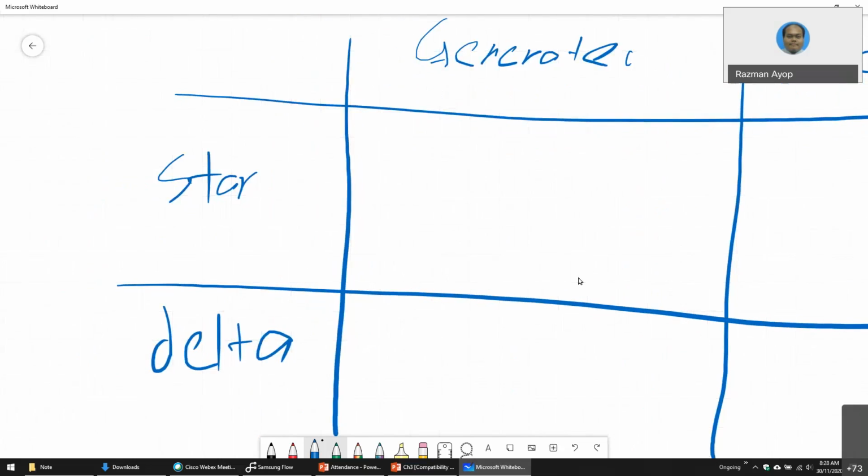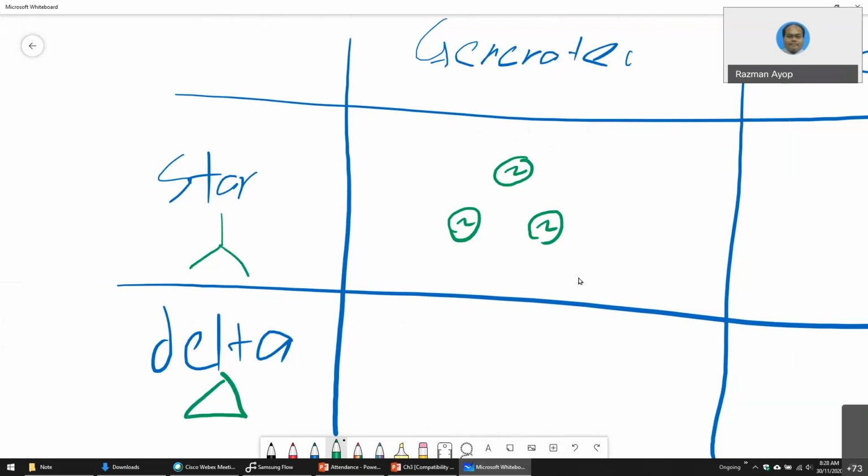For star connection, first you have to draw this type of triangle. For star it is like this, and for delta it is like this. Make sure you know.